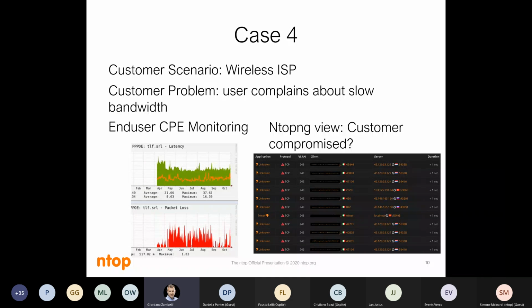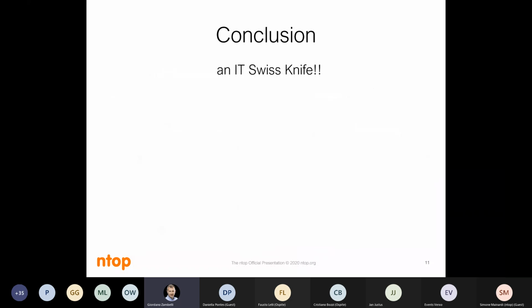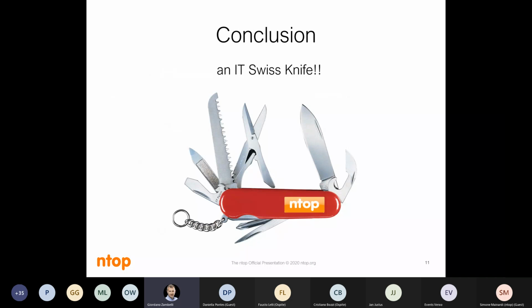So what is the best scenario in order to use ntop with all of these things? Every customer could be the best scenario, because whether you have a small customer or a big customer, keep in mind that with this Swiss knife, you can open, view, analyze, and also troubleshoot every type of network.